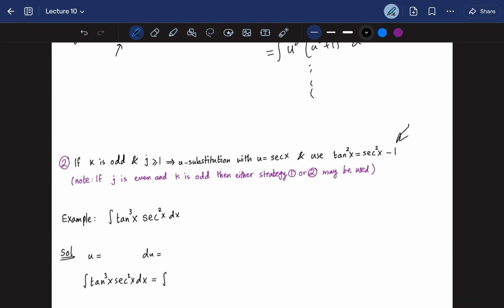You can try it with this example, and you'll see that both work. So here, let's take our u to be secant, because k is odd and j is bigger than 1. This is secant tan dx. Now I'll take 1 tan and 1 secant, and then we're going to have a tan squared x right here.